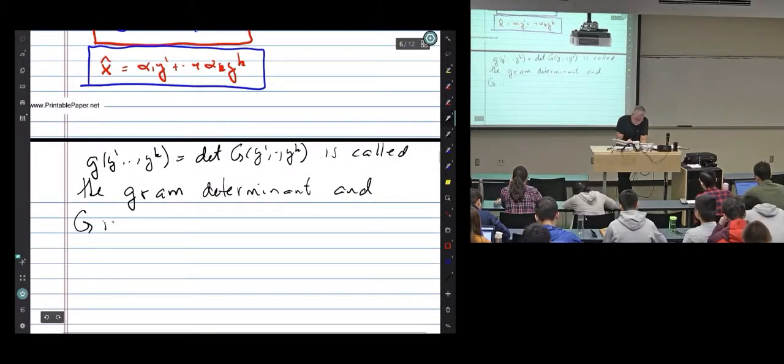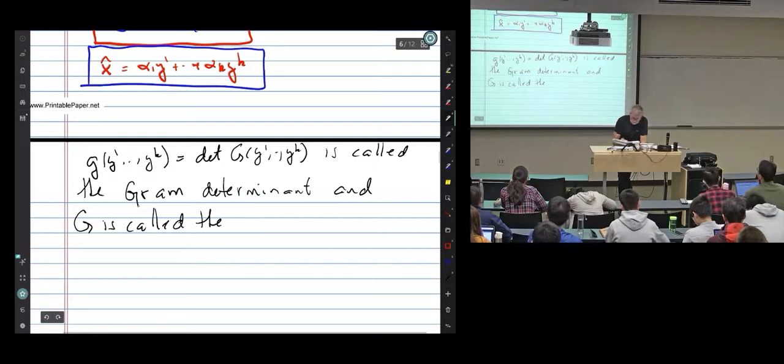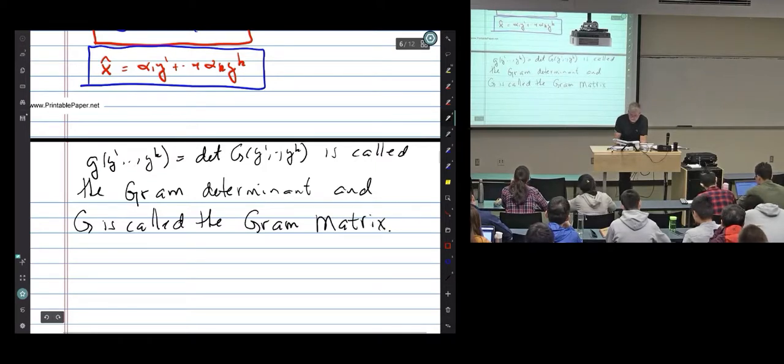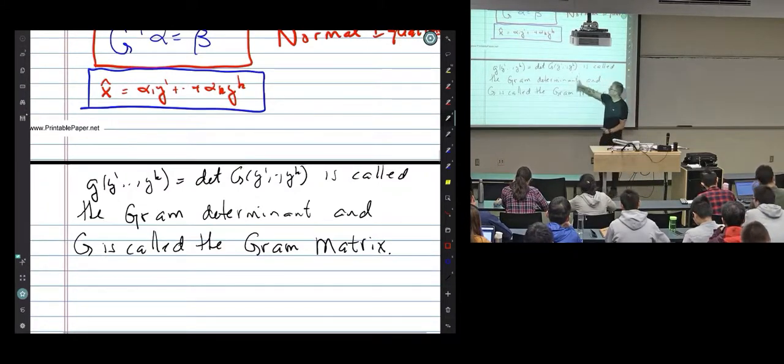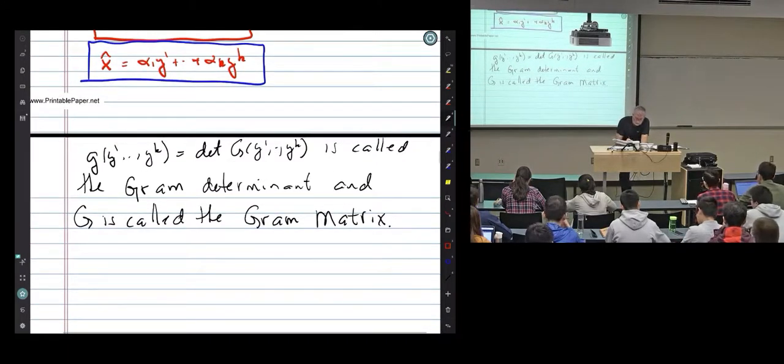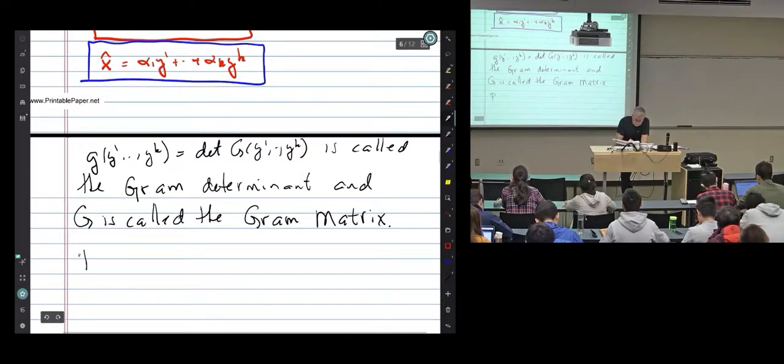And G is called, I don't know. Gram is more than 100 years old, so we can use lowercase, but let's give him an uppercase. Gram matrix, okay? So in fact, we already know y1 to yk linearly independent yields the Gram determinant is not equal to 0.